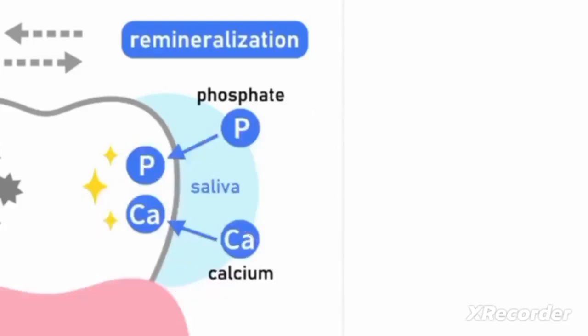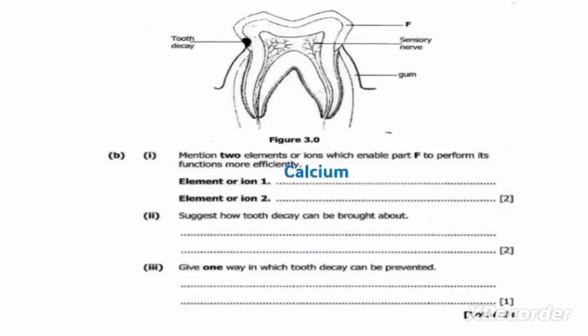These are elements that help to strengthen our teeth, or help our teeth to grow healthy and perform their functions effectively and efficiently. Phosphate, phosphorus, and calcium. These are two elements, calcium and phosphorus.